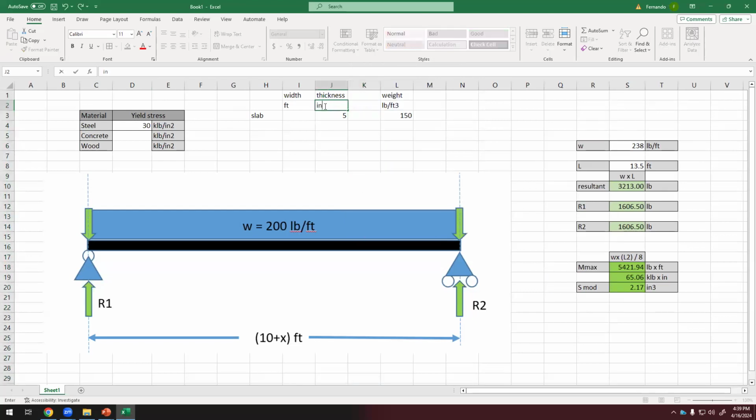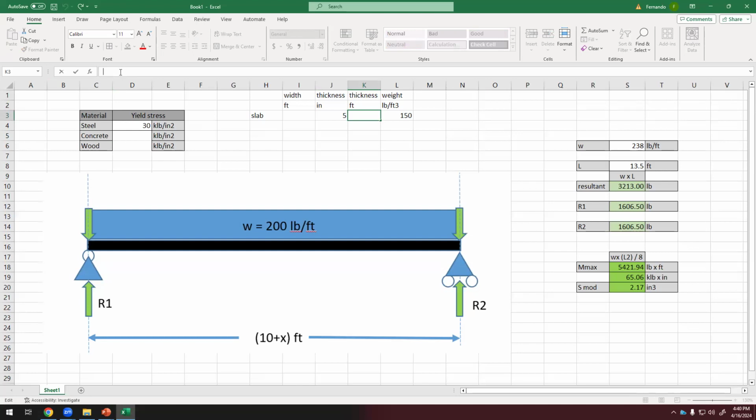I can type the thickness in inches, and now I need the thickness in feet, and the conversion factor is 1 foot, 12 inches.